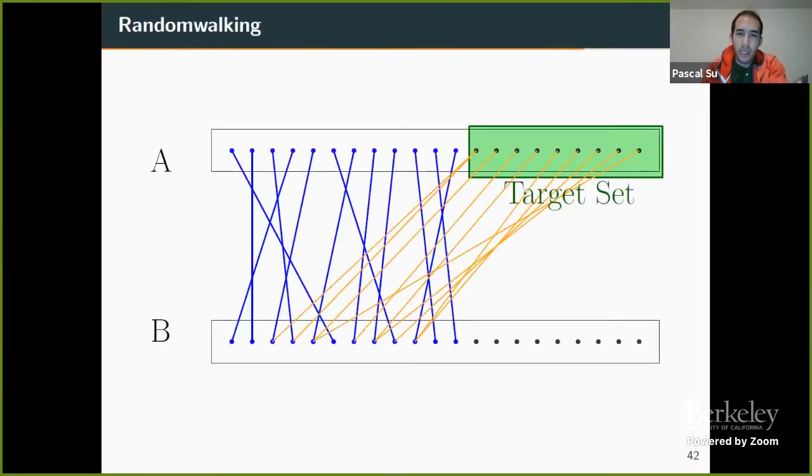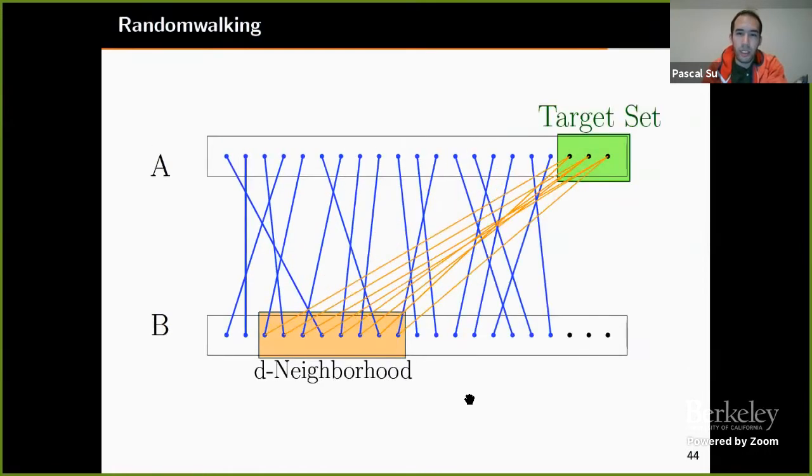like this, and then any neighbor of the target set, any matched neighbor to these vertices is also a good neighbor because we can then replace one edge with two edges. So what does this mean?